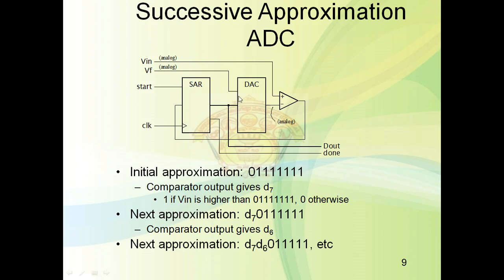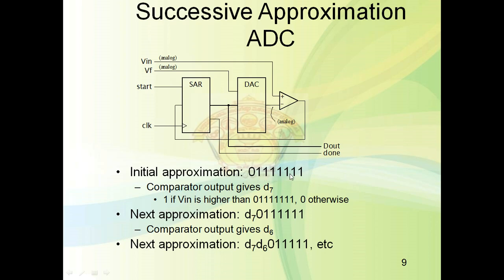Here at first, when the input voltage is given, the DAC generates an output. So that analog output will be like this. For the first approximation, the DAC output will be 0 1 1 1 1.